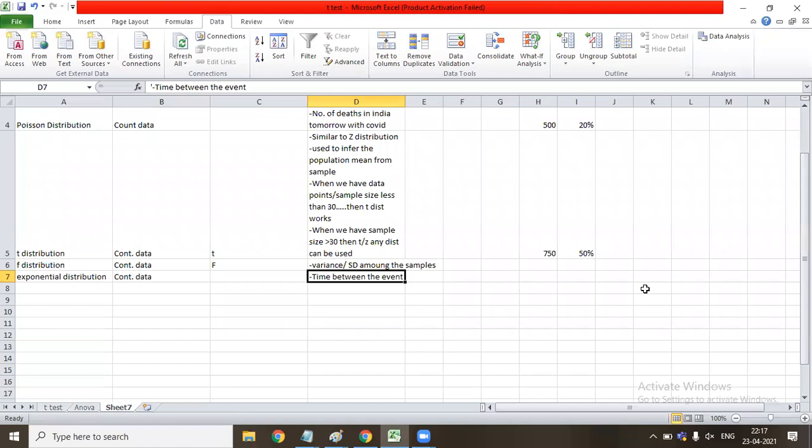So these are the simple probabilities. When we talk about the distributions, these are the examples which I've been giving you: exponential, Poisson, T, Z. These are the distributions with respect to specific kinds of problems. When we are working on any kind of problem, these distributions are used, apart from the simple probability that we will be seeing on Monday. If we search, we have more than 100 distributions.